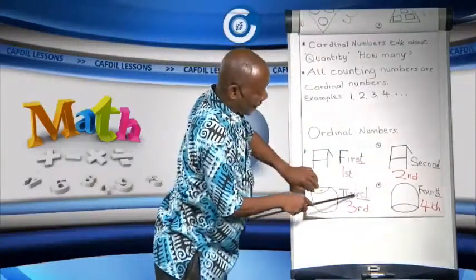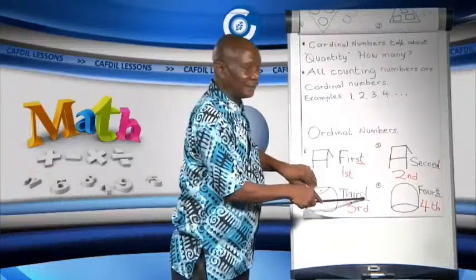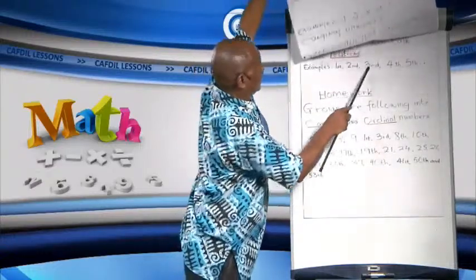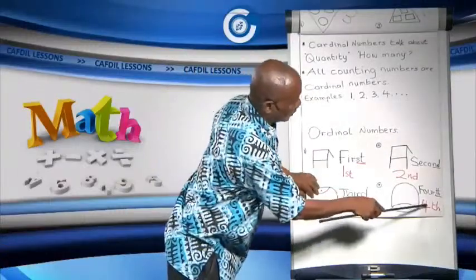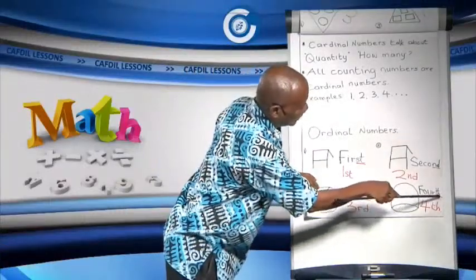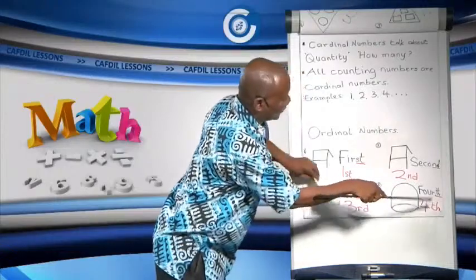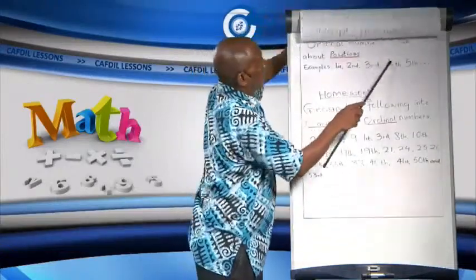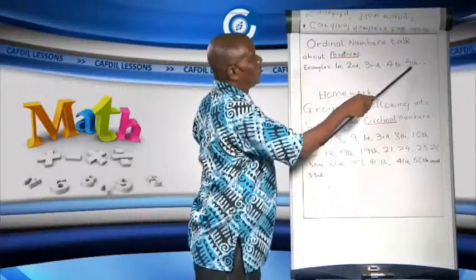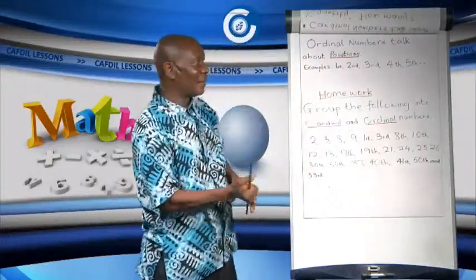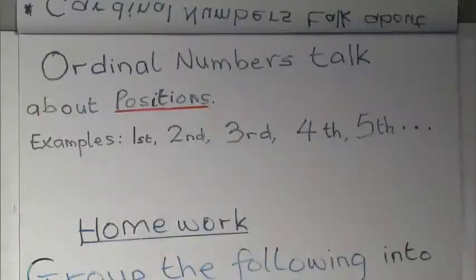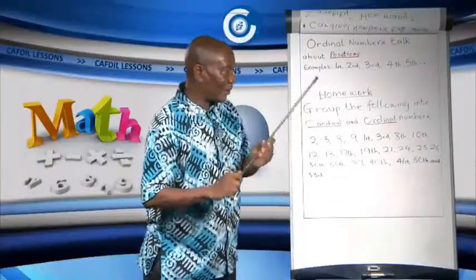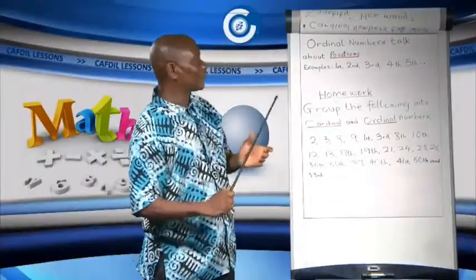Third, the last 2 is RD. Fourth, the last 2 letters, TH, attached to the 4. Fifth, and so many other positions. All these are ordinal numbers.